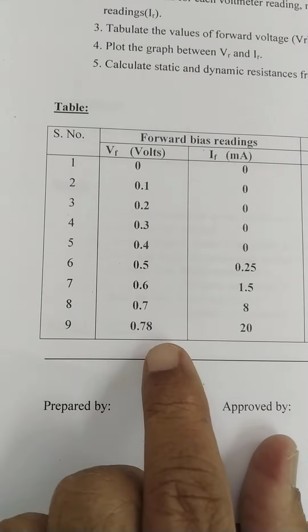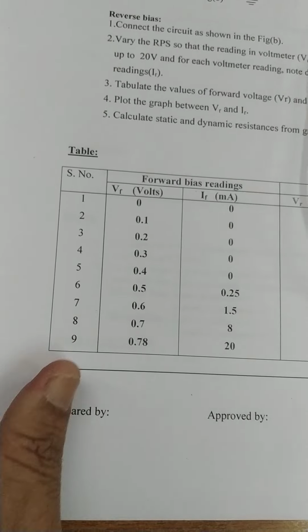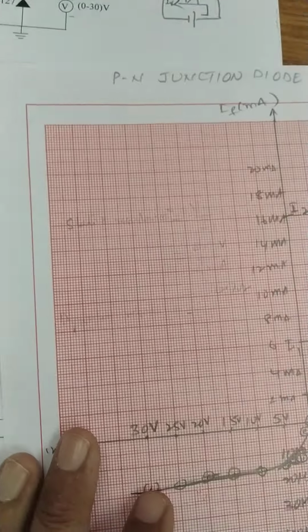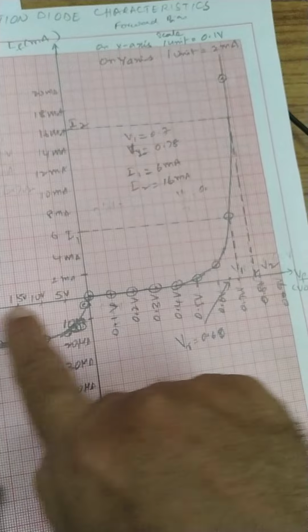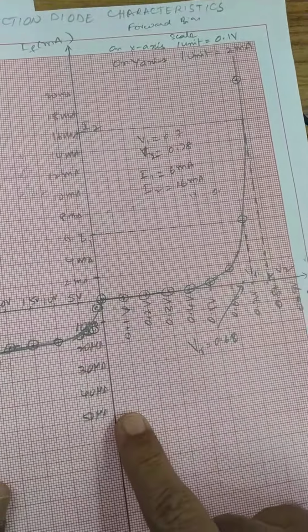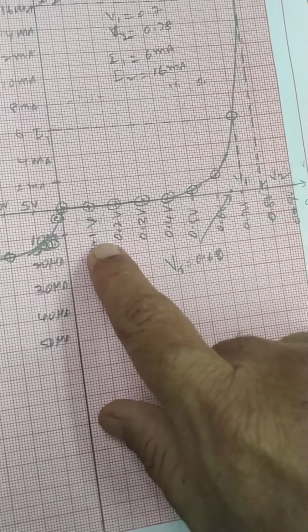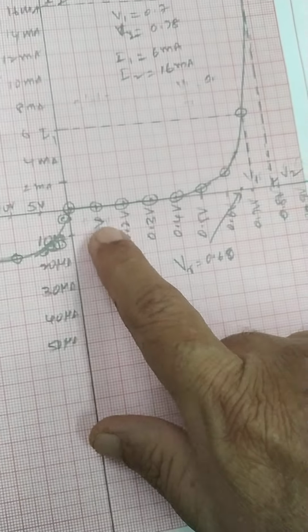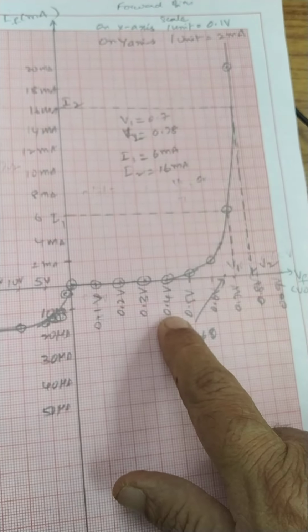Now for these values we have to draw the characteristics on the graph sheet. This is the forward bias characteristics. Divide the graph into x-axis and y-axis. According to the values, on the x-axis take each unit as 0.1 volt: 0, 0.1 volt, 0.2, 0.3, 0.4, like that.